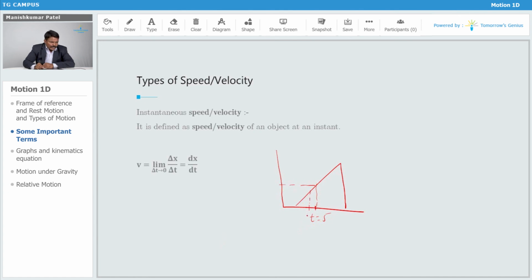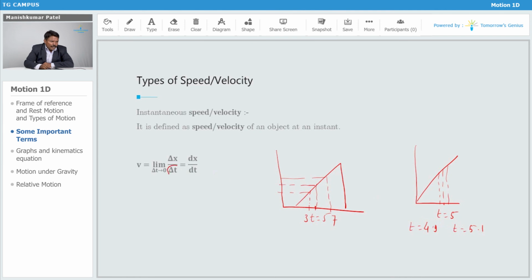Say this is t equals 3, and let's say this is t equals 7, and you have to find the velocity at t equals 5. I will take a much smaller interval for that. So this is t equals 5. Let's take t equals 4.9, and on this side, take t equals 5.1.